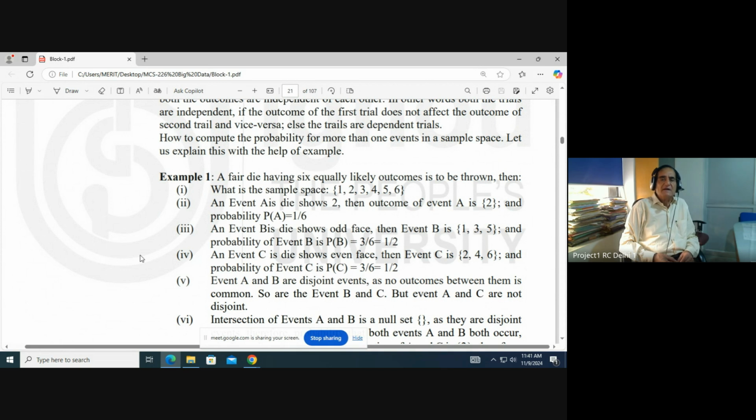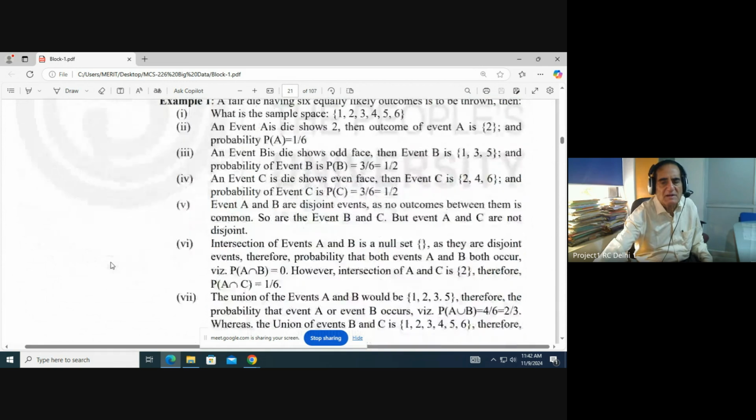An event A: the die shows 2, then outcome A is 2, and the probability of this is 1 by 6. An event B: the die shows an odd face, then event B is 1, 3, 5, and the probability of event B, P(B), is 3 by 6, because there are 3 events out of 6. So that type of thing is done by complete probability analysis.